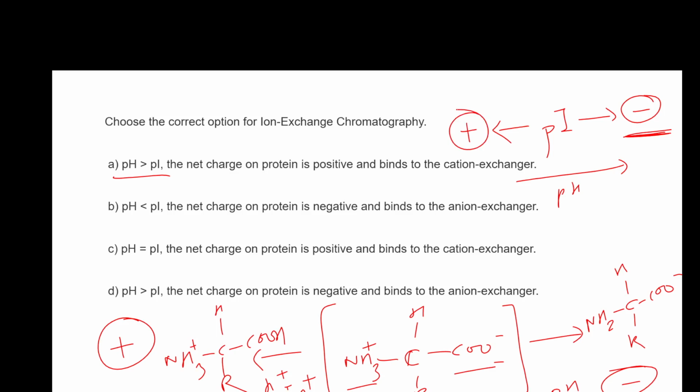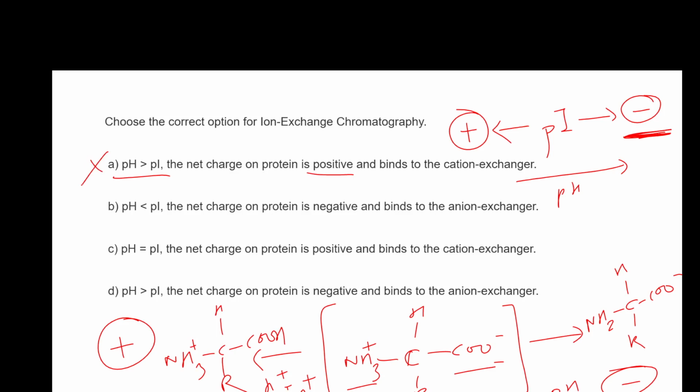So here the first option says pH above pI, the net charge on the protein is positive. But here it will be negative, right? So this option is incorrect.